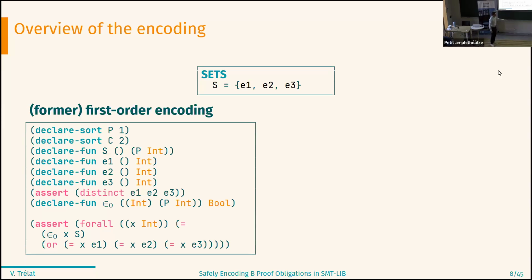Then we have 3 constants, E1 to E3, that are all different. And we have to declare a membership function. So again, it's only a declaration. There is absolutely no axiom on this function. And then we finally add the specification for what it means to be a member of S. Well, it means being equal to either E1, E2 or E3.